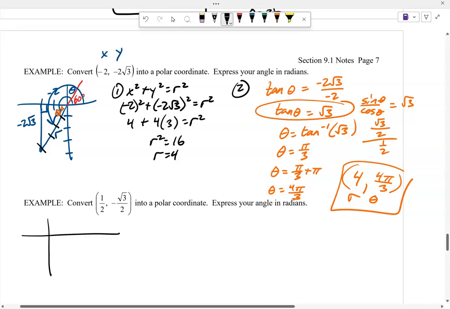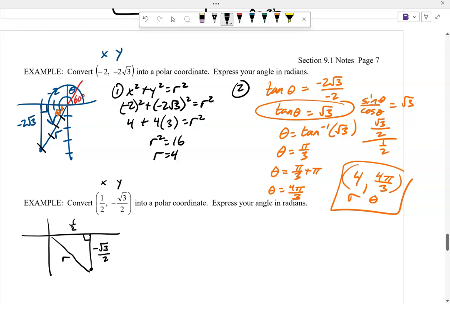Okay, alright, so this one, I'm out only a distance of a half, and then I'm down negative root 3 over 2. So let me draw a triangle. I'm to the right a half, I'm down root 3 over 2. That's my x and my y.